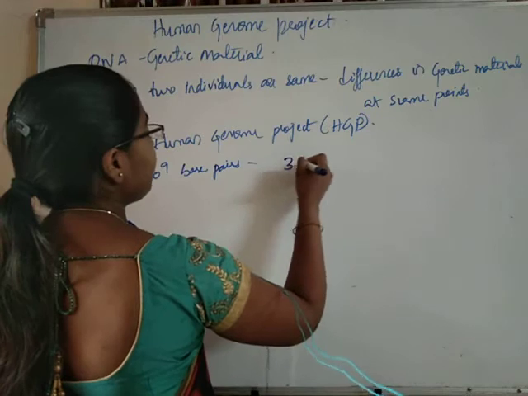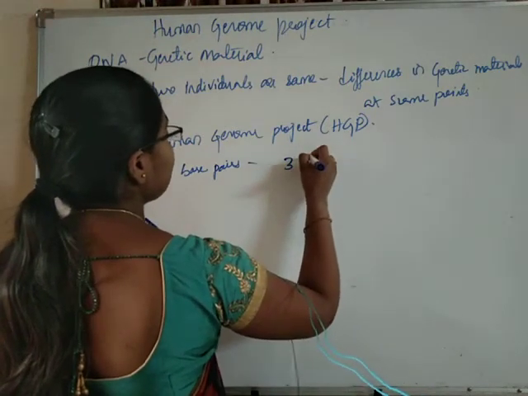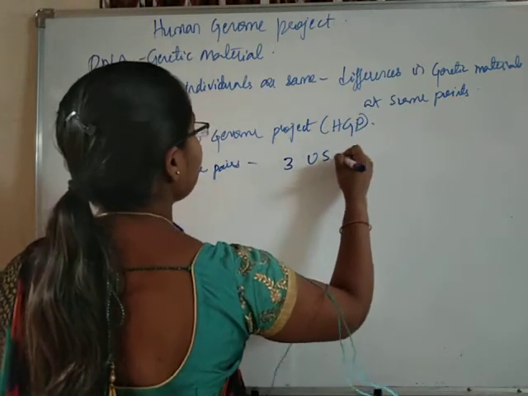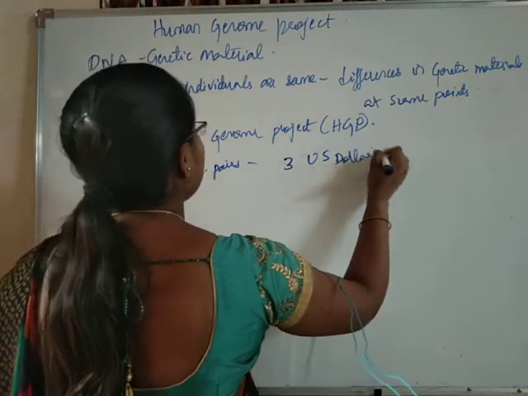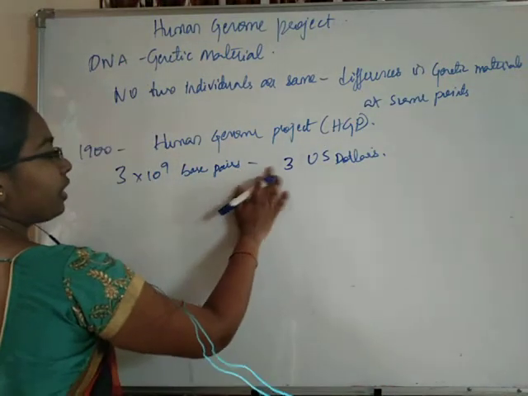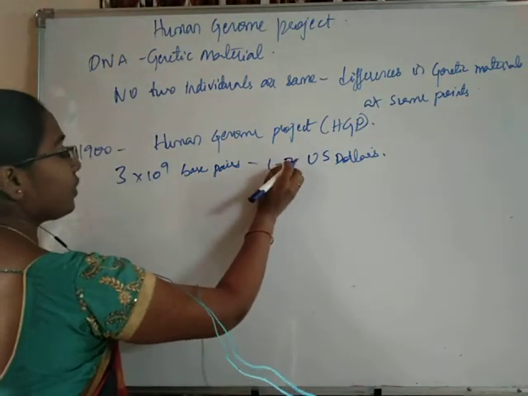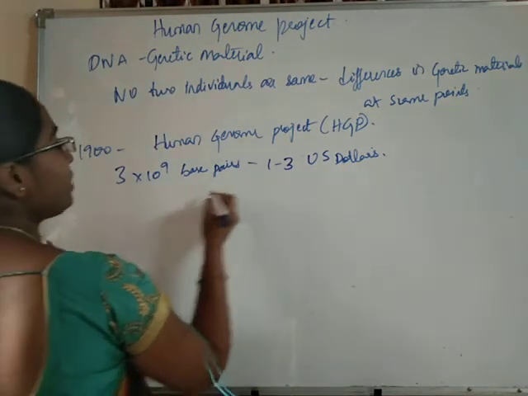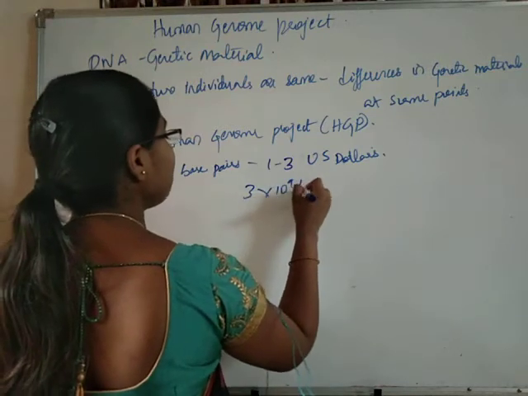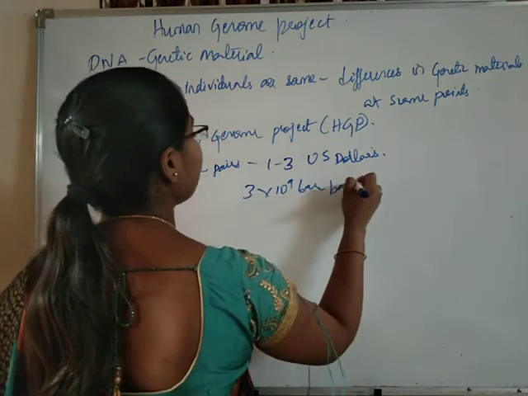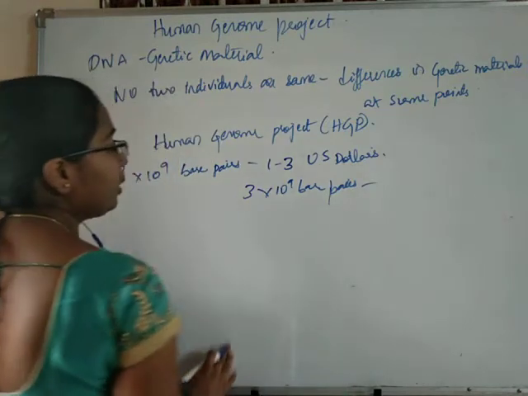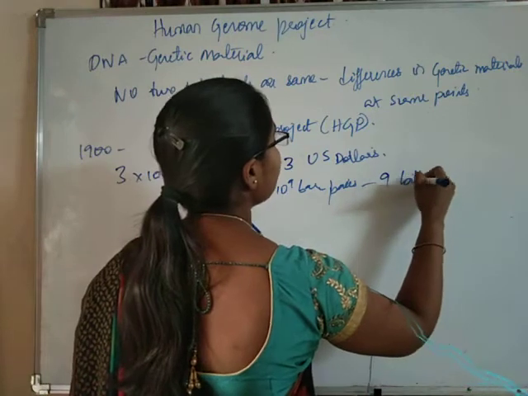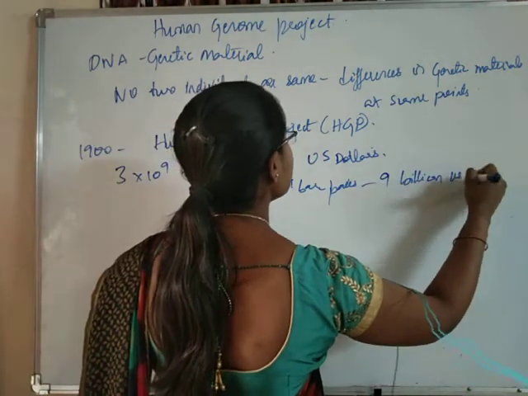if each base pair costs $3, that is, for the extraction of one base pair it requires $3, then imagine, 3 into 10 to the power of 9 base pairs will require nearly 9 billion US dollars.